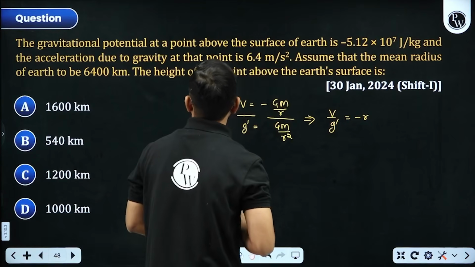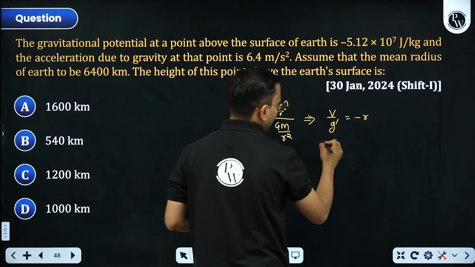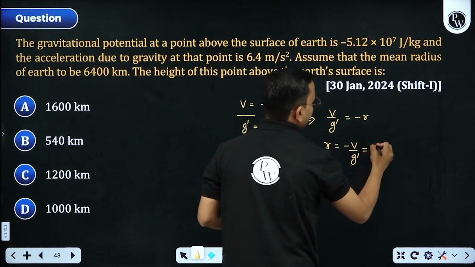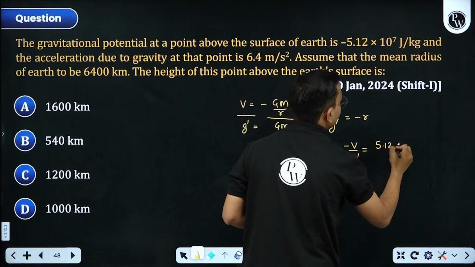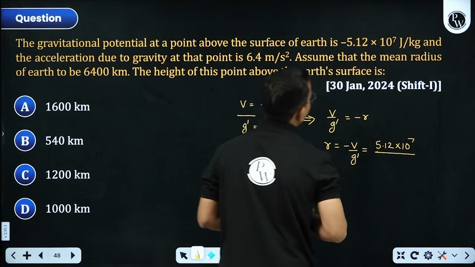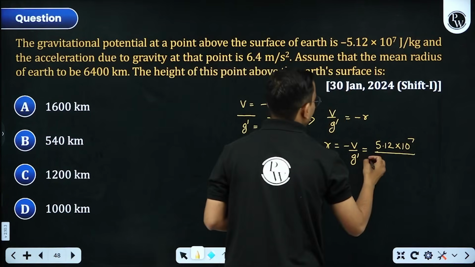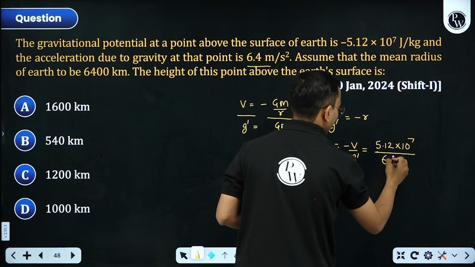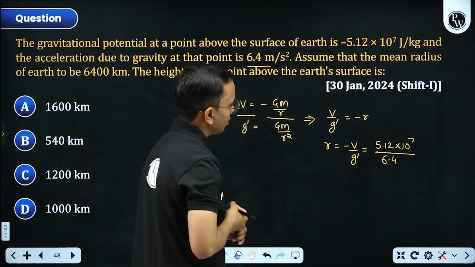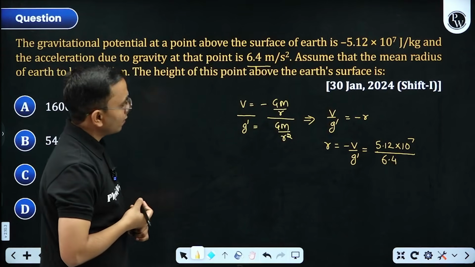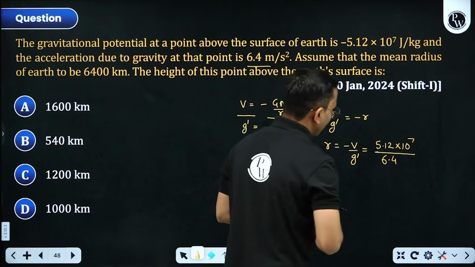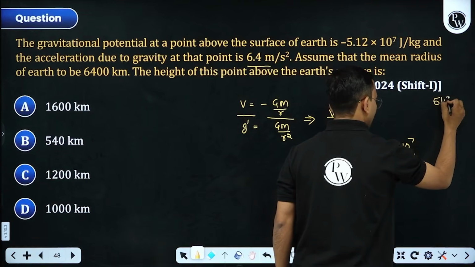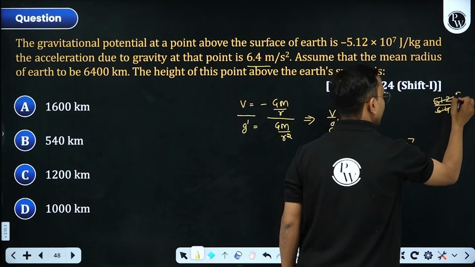So I need the height of this point. First of all let us find r. So that is minus V by g dash. How much is minus V? That will become 5.12 into 10 to the power 7 divided by, what is g dash? g dash is 6.4 meter per second square. So how much is this? 51.2 divided by 6.4 becomes 8.